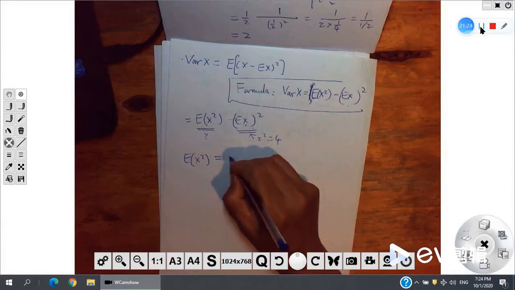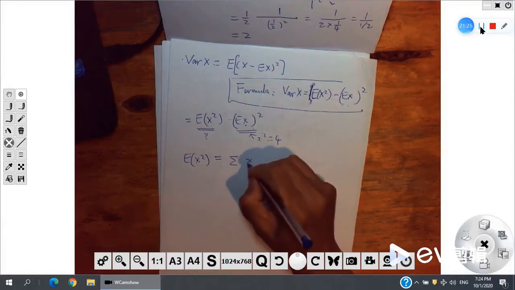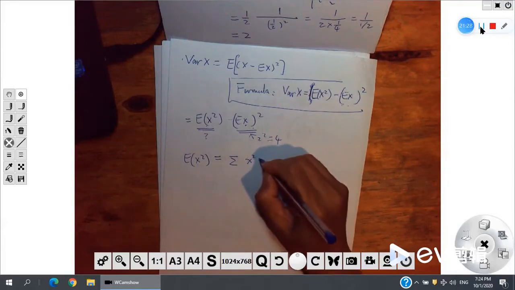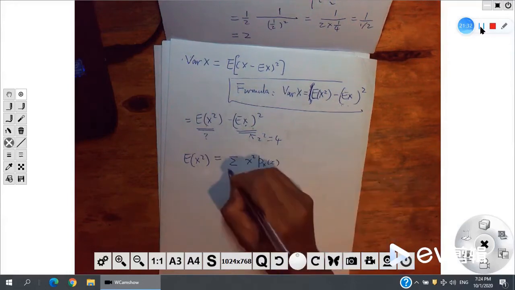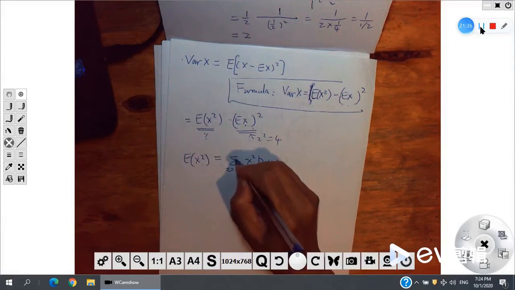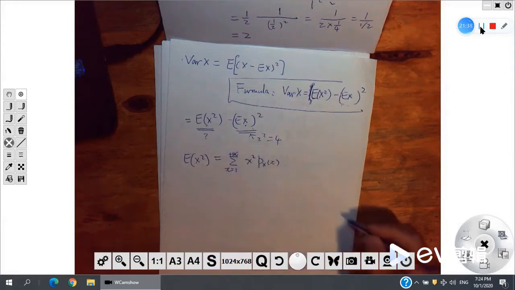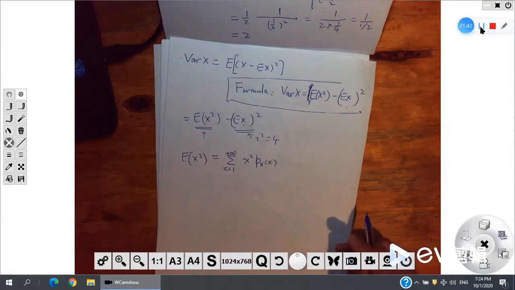This is the summation of x squared times the probability P(x), where x is also an integer, running from 1 to positive infinity, all the integers. Okay, this time, what can we do?